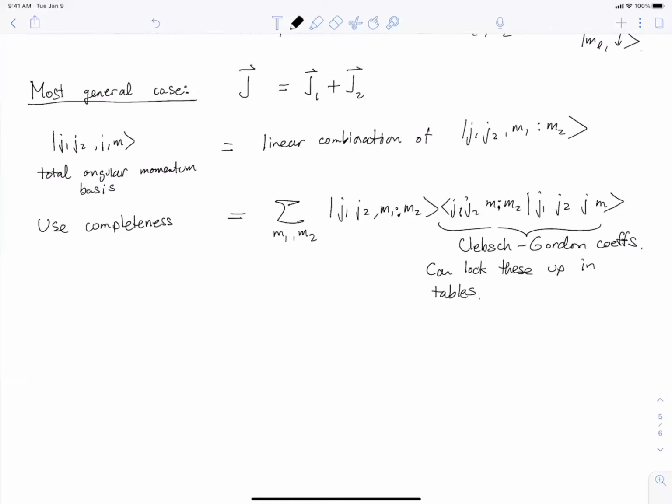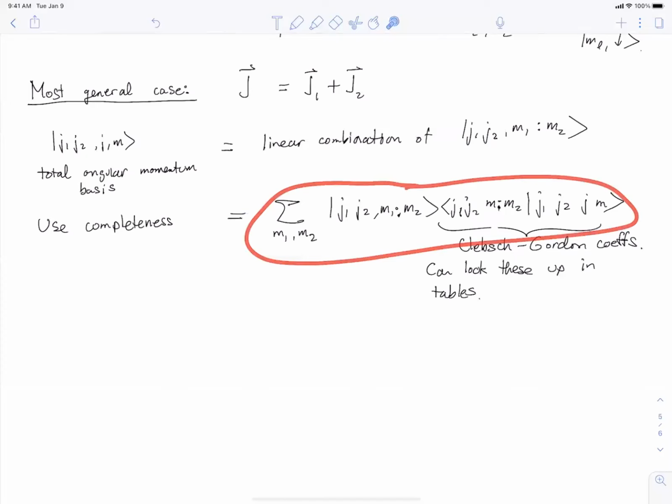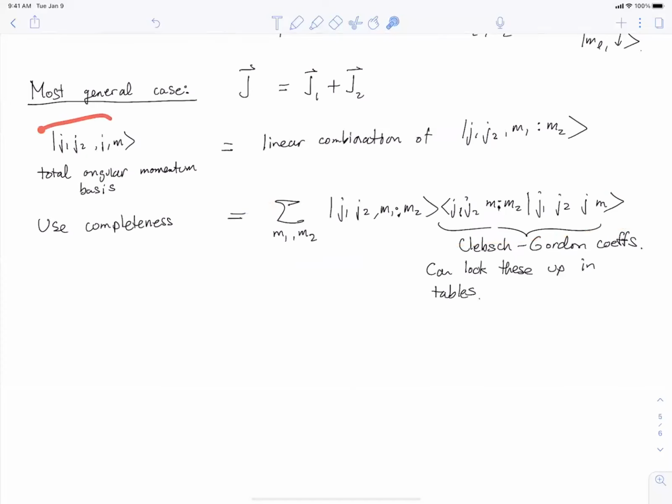So all we have to do is compute the inner product here, and that's the Clebsch-Gordan coefficient. And then once you know the Clebsch-Gordan coefficient for one example of a given J1 and J2, then you know it for any system, and so you can apply this to get what the linear combination is that gives you the total angular momentum basis.